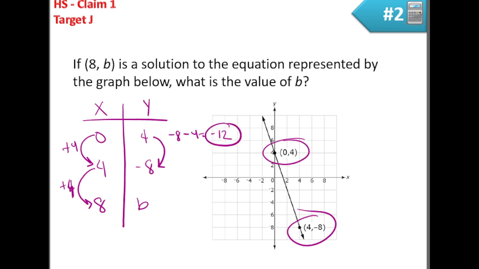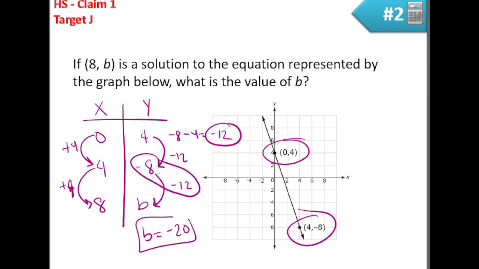So we are going down by 12. So -8 minus 12 will be -20. So when the value of x is 8, our y value will be -20. So you just use a t-chart here.